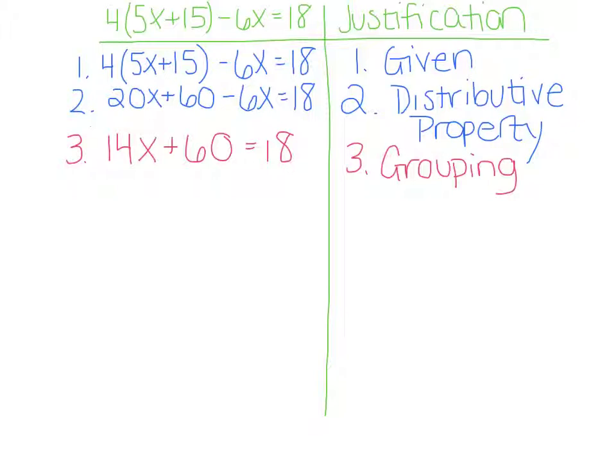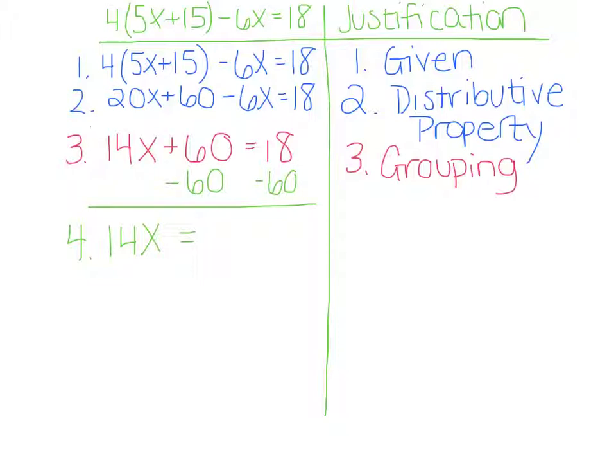Now we've got an equation that we've seen before. We know how to do this. You guys are already experts, I'm sure. But hopefully you're thinking to yourself, okay, I'm going to subtract 60. So my step 4 is going to be 14x equals 18 minus 60.